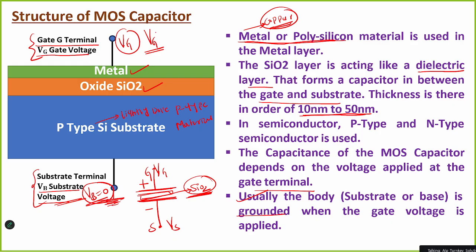How much gate voltage we are applying will decide the region of operation. Based on the gate voltage only, it will decide in which region this is operating. This is the gate terminal.